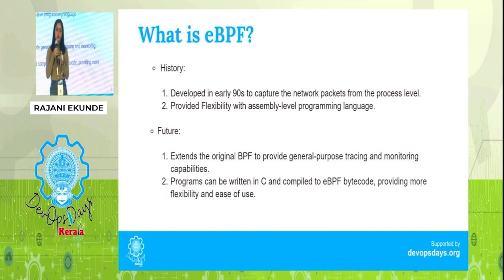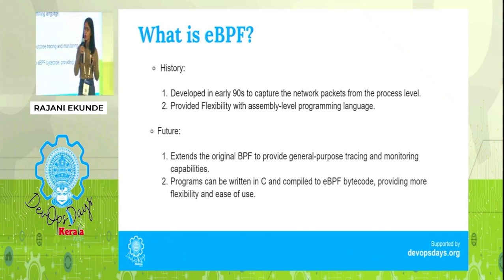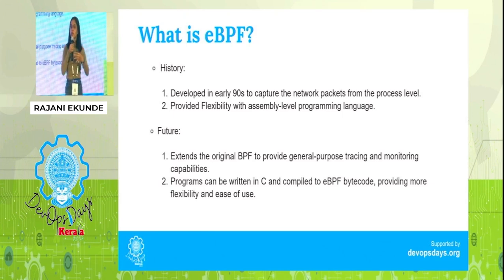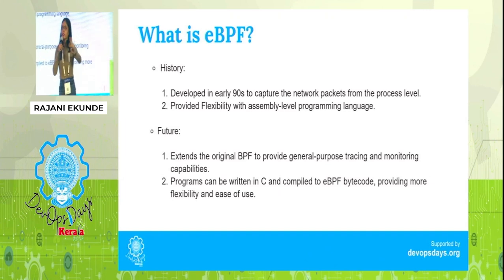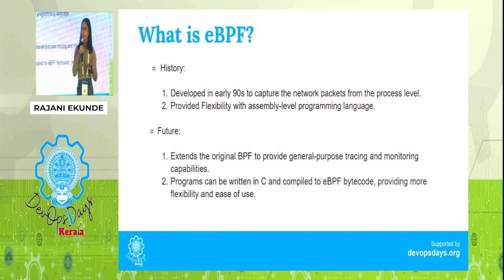There won't be any need to update the main source code, perform any reboot operation, or load modules. You just write the programs and use them directly at the kernel level. This technology is eBPF, and the long form of eBPF is extended Berkeley Packet Filtering.